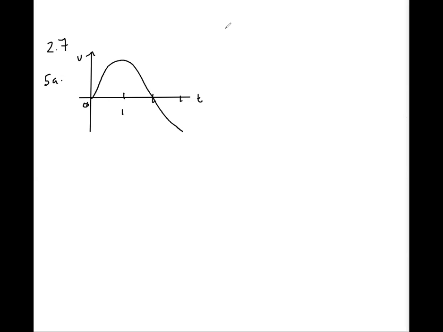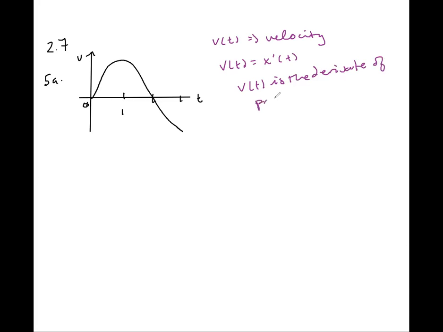So what we need to do is kind of define what we're looking at. We know we have a function v of t, and this is a velocity. And we know that v of t is equal to x prime of t, or v of t is the derivative of position.